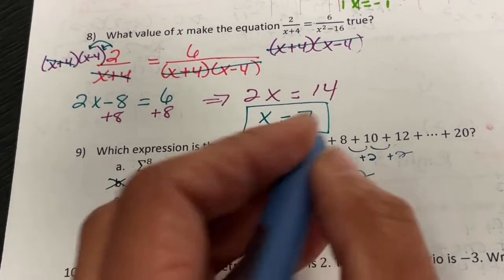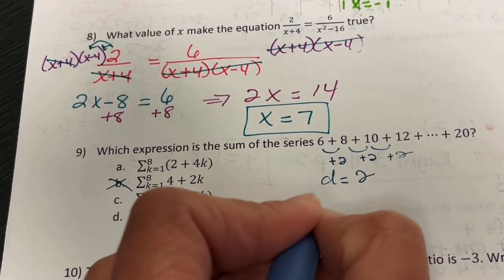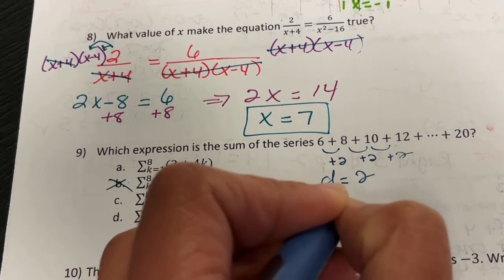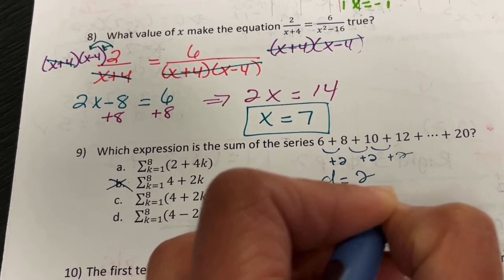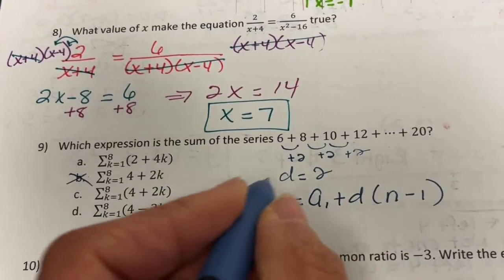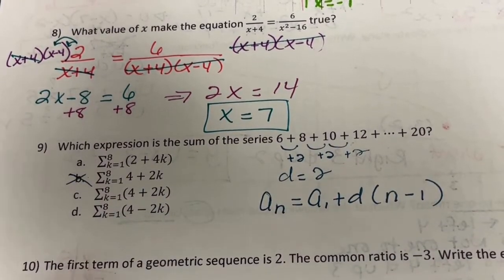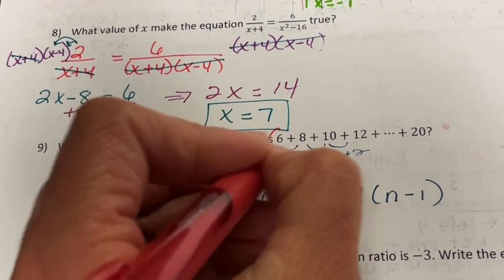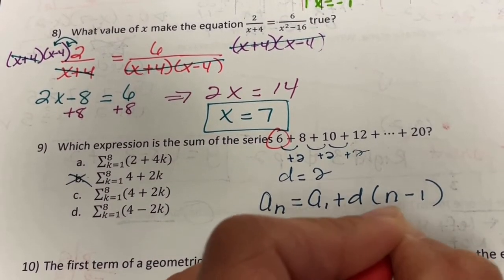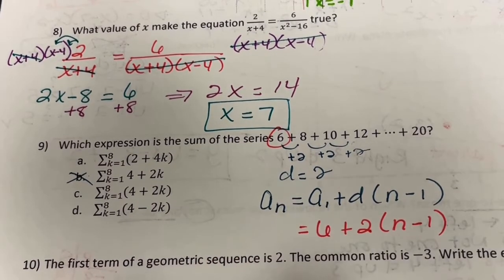Okay. All right, so the formula for an explicit arithmetic sequence is a sub n equals a1 plus d times n minus 1. So for this one, I'll plug in the first term. The first term is a 6, so 6 plus the common difference is a 2 times n minus 1.